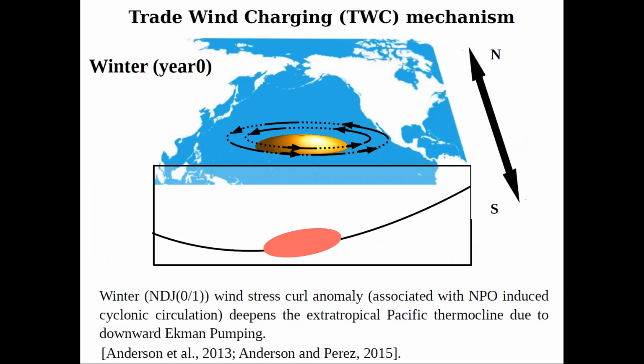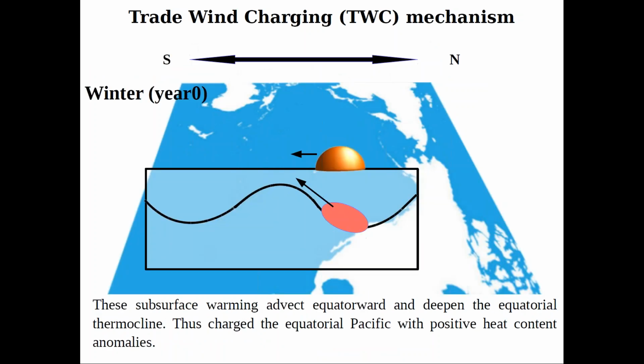Now our main focus is this trade wind charging. This cyclonic circulation in the extratropics also gives Ekman downwelling, so it converges warm water over the extratropics and deepens the thermocline. So you can see there is a thermocline warming here. I tried to portray it with this animation. This is the north, south and north part.